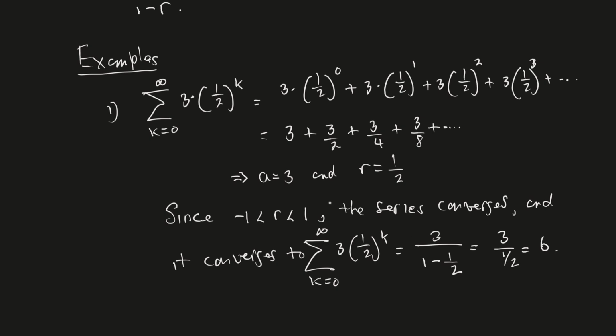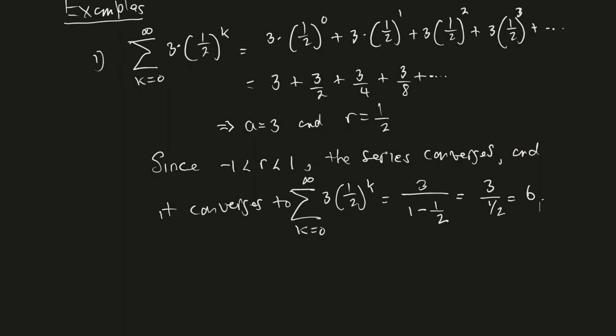What this means is, if you start with 3, and then you add 1.5, and then you add 0.75, and you keep adding these terms, that sum will get closer and closer and closer to 6. The more terms I add, the closer I will get, and I can get as close as I want by adding sufficiently many terms together.